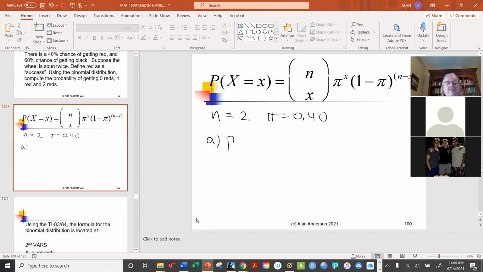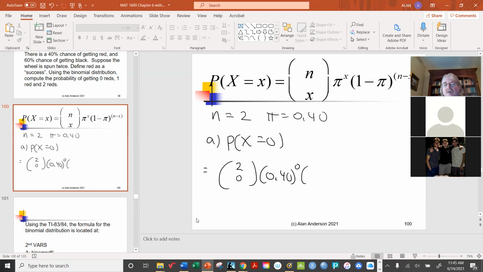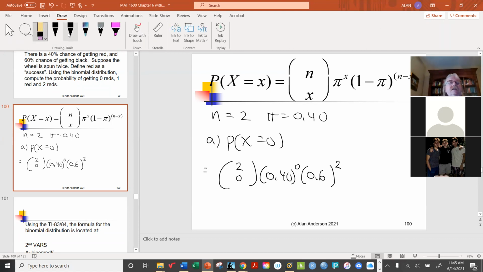So to calculate the probability that x equals 0, we have 2 choose 0, 0.4 to the 0 power. Now this is 1 minus 0.4, so it's 0.6, and n minus x is 2. In this problem, x equals 0, so that n minus x is 2. So now you plug in all these numbers.